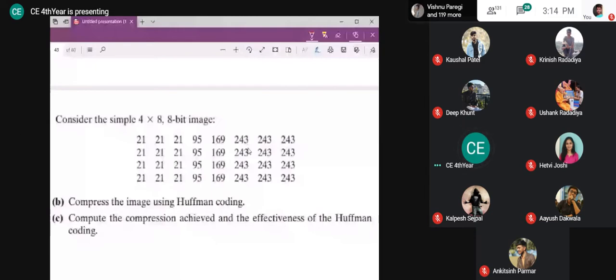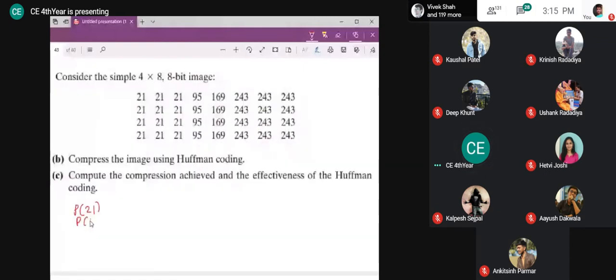So if we go for probability of occurrence, I think 21 and 243 have the highest, and then we have 95 and 169.